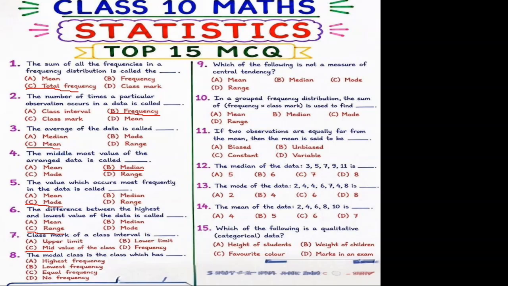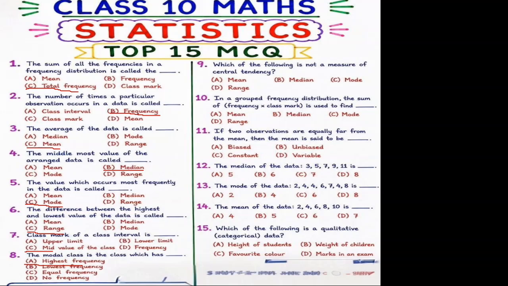Moving to question 8, it says the modal class is the class which has dash. A highest frequency, B lowest frequency, C equal frequency, D no frequency. Obviously the answer is option A, which is the highest frequency. So moving up to question number 9, it says, which of the following is not a measure of central tendency?